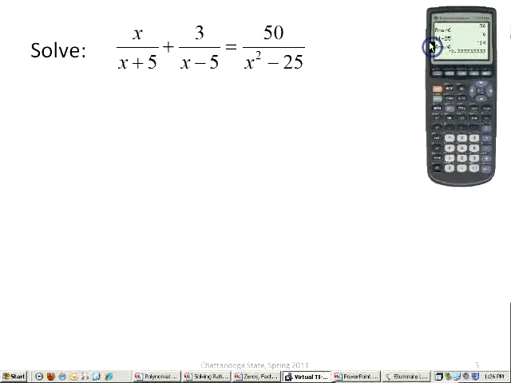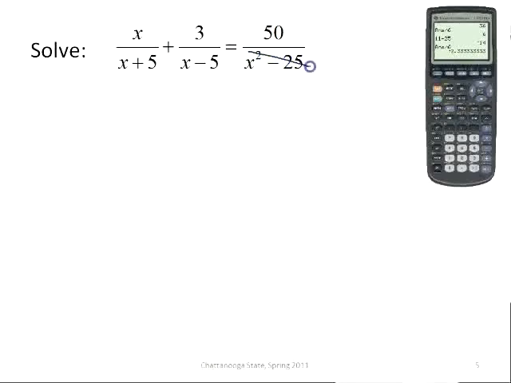Here, in order to get rid of my fractions, I have to multiply by my common denominator. But in my denominators, I have to factor this one. My x squared minus 25 needs to be in its factored form, which is x plus 5 times x minus 5.